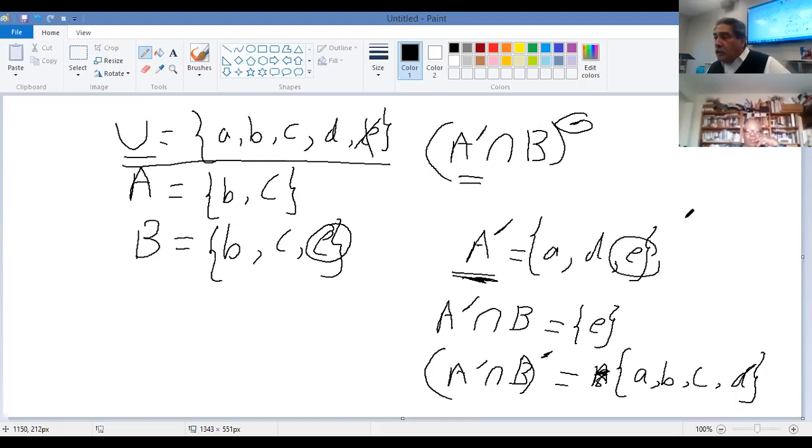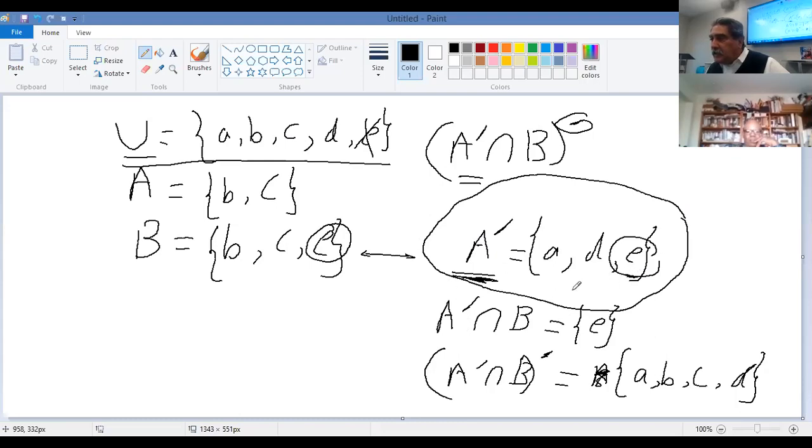Now, I find not A. I want to intersect that with B. What is common between both of these sets? This one and this one. The only common element is E. Yes? Mm-hmm. You follow me? So the intersection of A naught and B is set, has only one element, E. Following me?